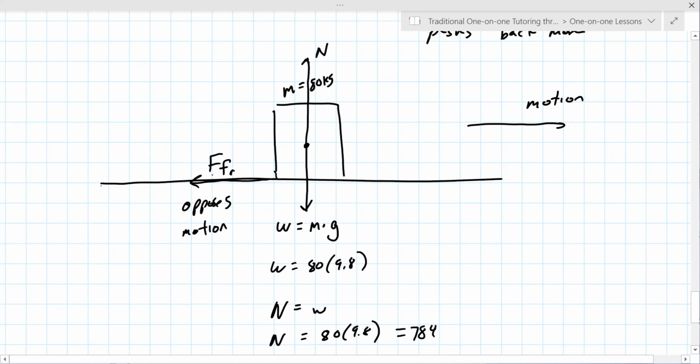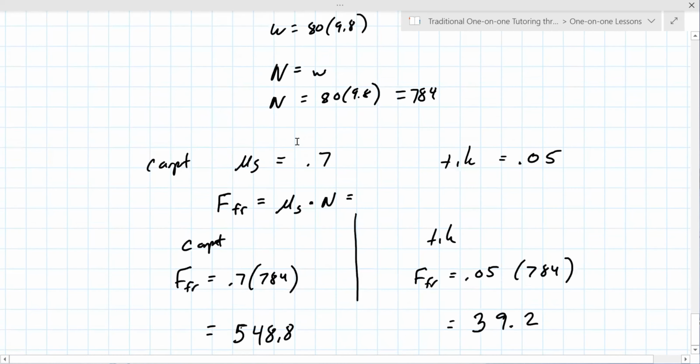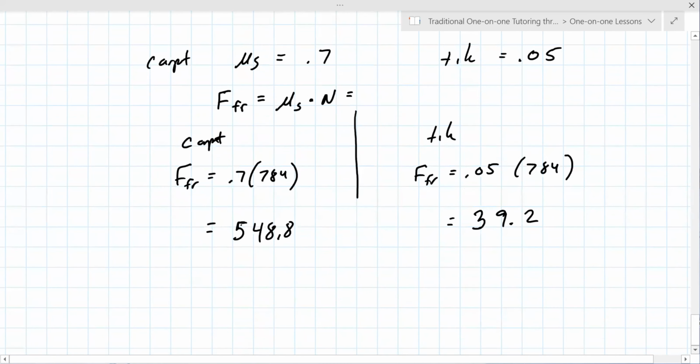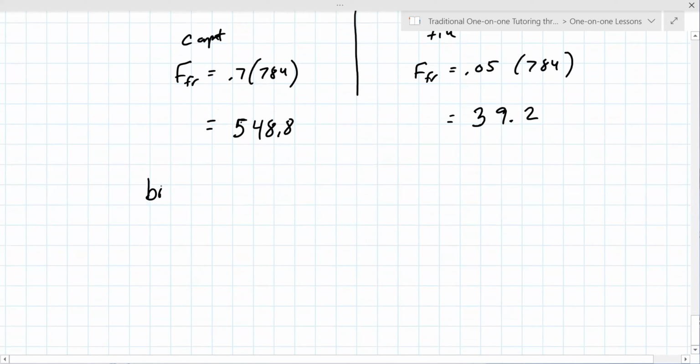Now you're standing right here. If you push with 100 newtons, you're pushing to the right with 100 newtons. If you're pushing on carpet, they call this term breaking the static friction barrier.